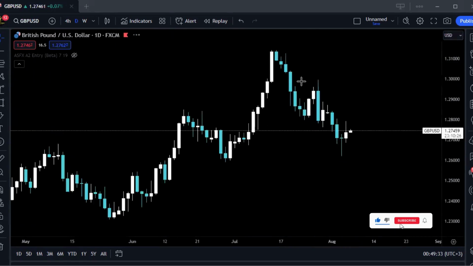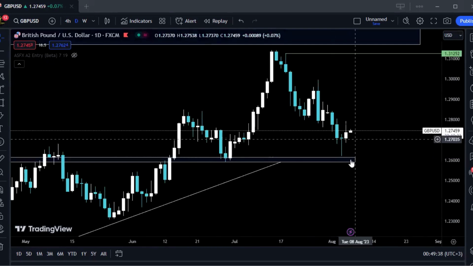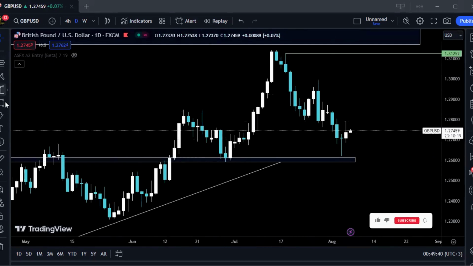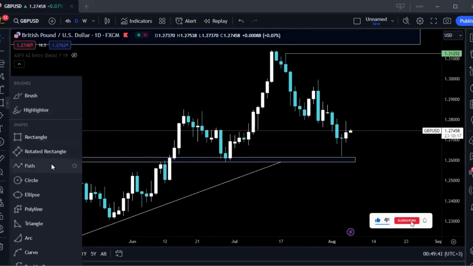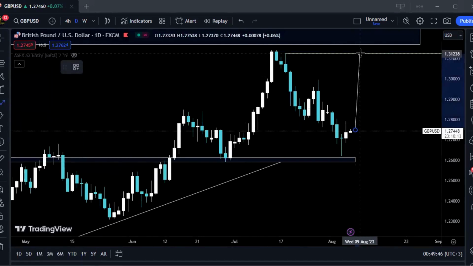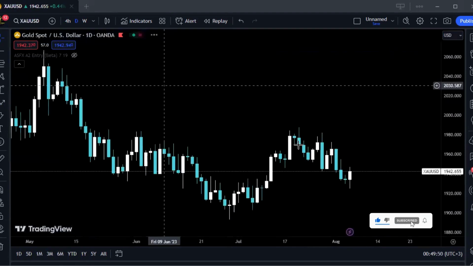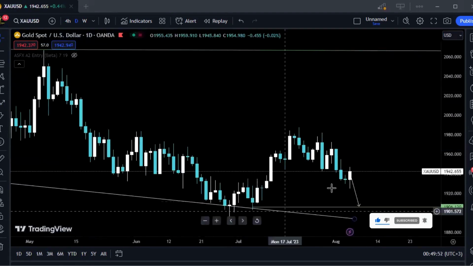Same thing with GBPUSD, because obviously, as we understand, GBPUSD is positively correlated to EURUSD. So we'll be looking for buys on this pair for prices to keep on pushing until it reaches somewhere up there. Same thing with gold, positively correlated with EURUSD.